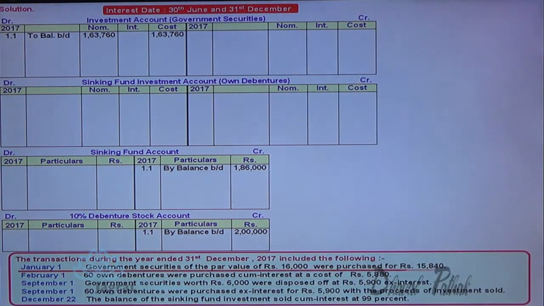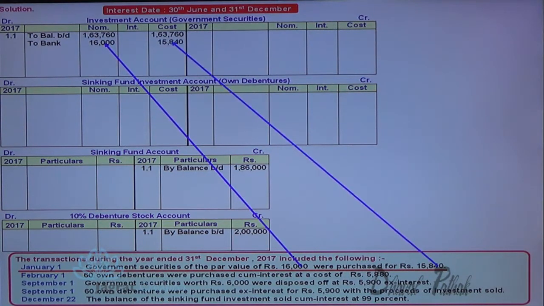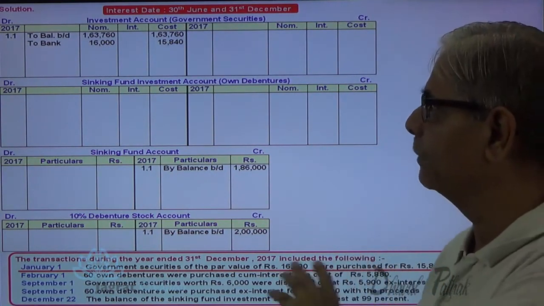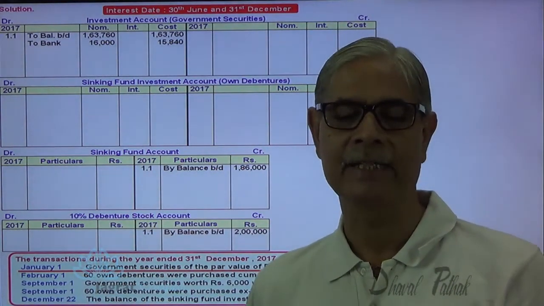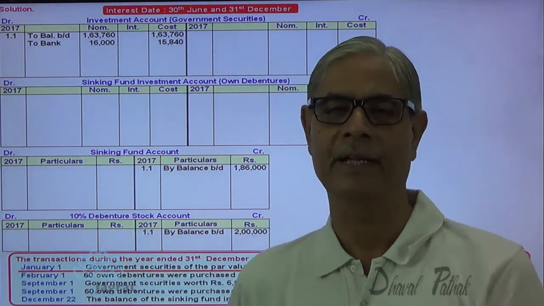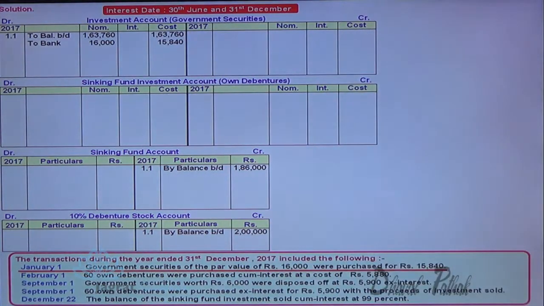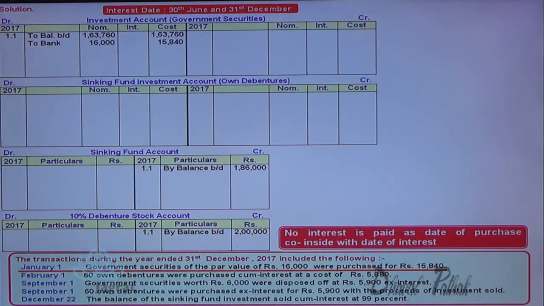So the first transaction: investment in government securities account debit 16,000 to bank account. Here the cost is 15,840. This is how the purchase transaction is recorded. No need to calculate interest because the purchase occurred on the date of interest. No interest is paid as the date of purchase coincides with the date of interest. This is an important point to be noticed.